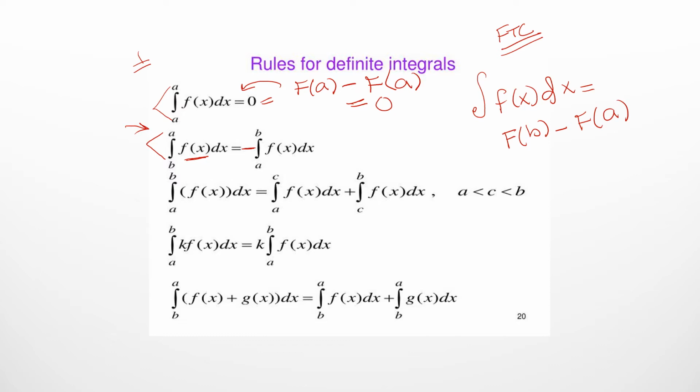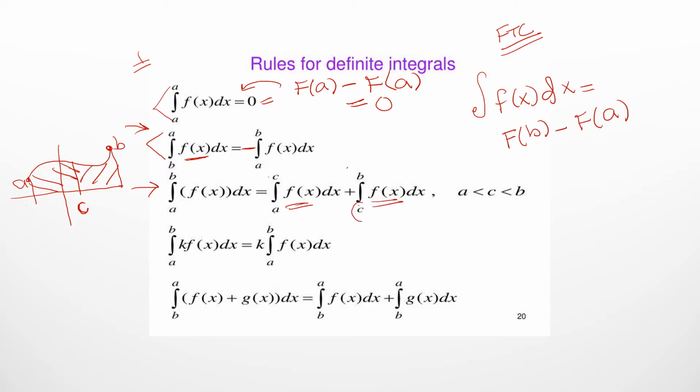Similarly, the third property says that if you have to find the area from a to b, the closed area, and the figure is divided into two parts with the midpoint c, then you can find the area from a to c and then from c to b, keeping the function the same.